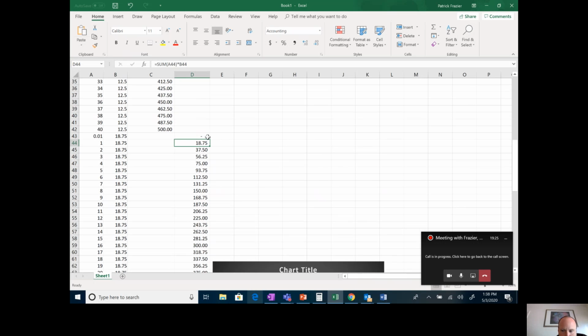Okay, sometimes Excel can be a little pesky if you make a little mistake, but the calculation is 0.01 times shift 8. That's 19 cents plus 500.